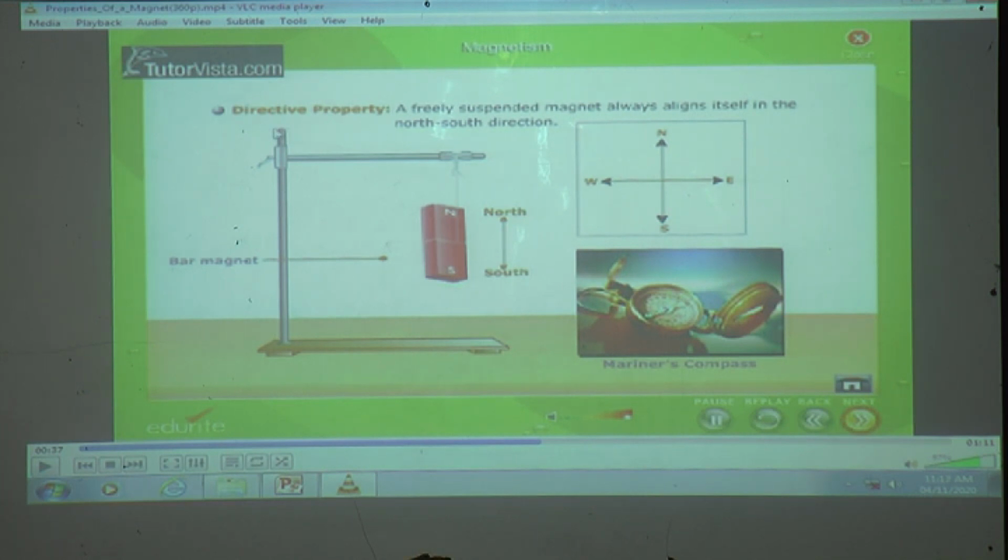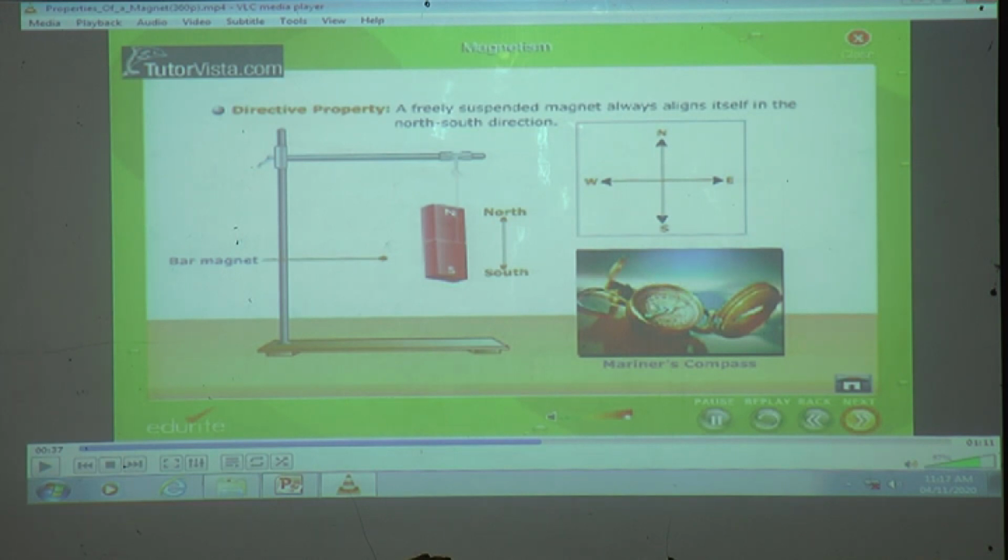This is nothing but the directive property, and this directive property is used in a compass. When so many travelers are going by the sea or by the ocean, they don't know which is the south direction and which is the north direction.